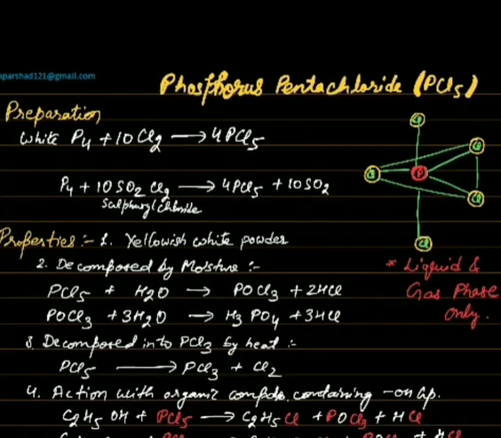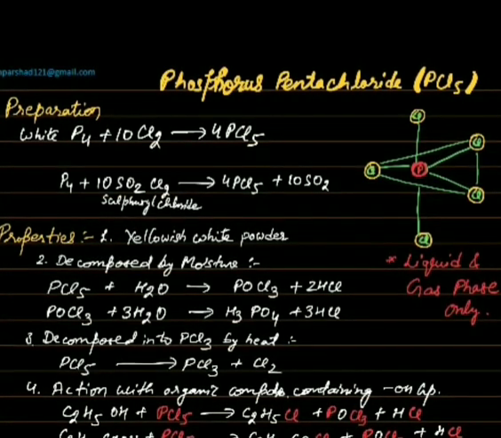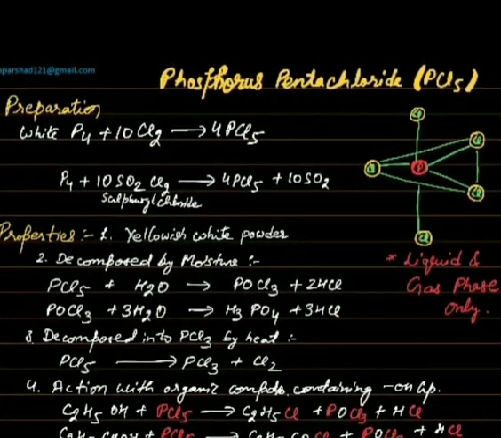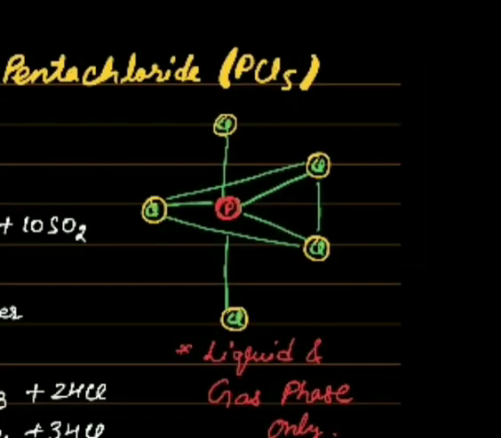Now let us discuss the structure of phosphorus pentachloride. In the liquid and the gas phase, phosphorus pentachloride possesses trigonal bipyramidal geometry, in which the axial bonds are quite longer than the equatorial bonds.